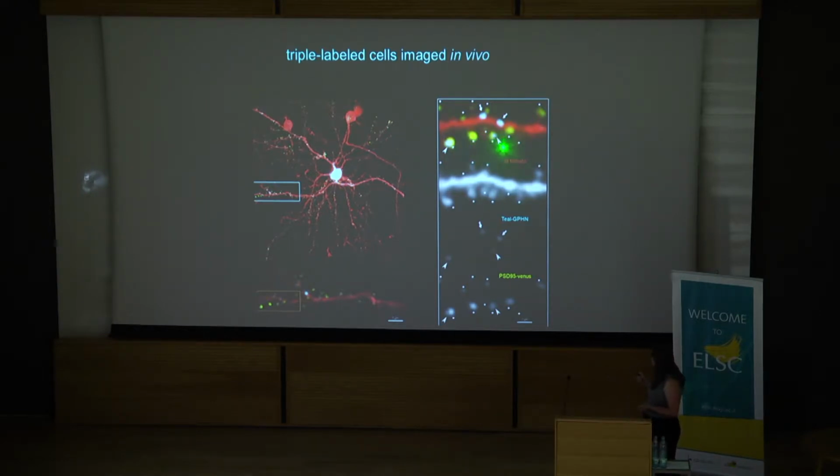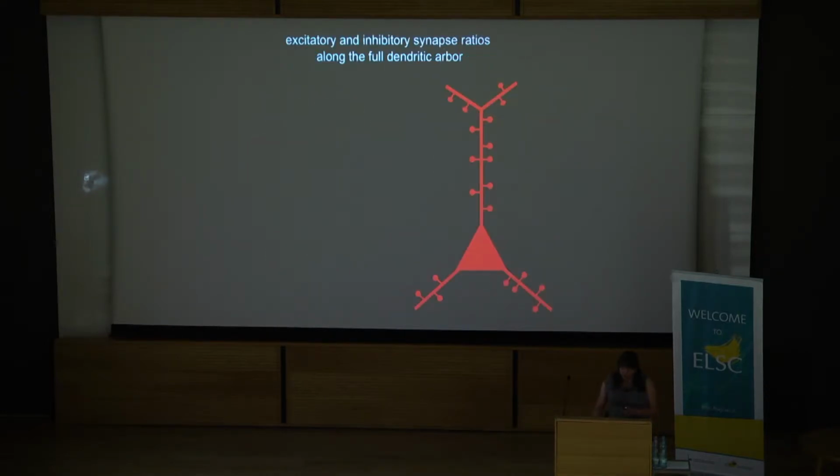But we also found a large number of inhibitory synapses on dendritic spines together with an excitatory synapse. And so what do we have here? We have a view of the entire cell. We have the spines. So this would be equivalent to what you would see if you were doing a Golgi stain, for example.